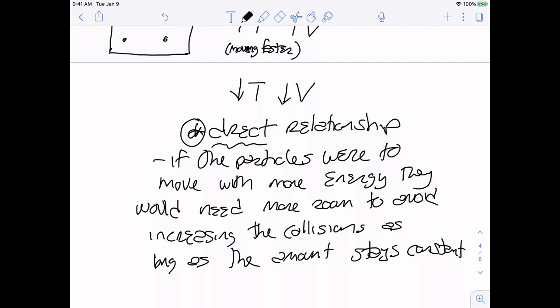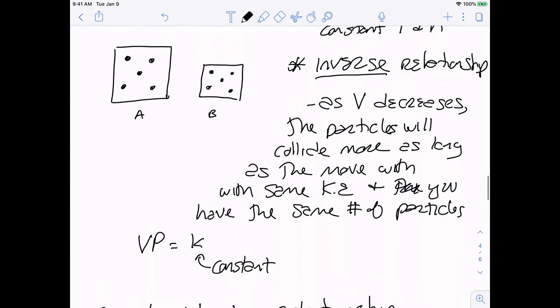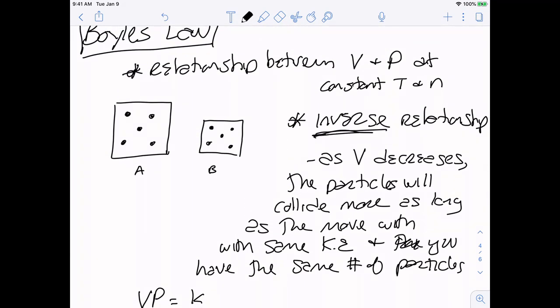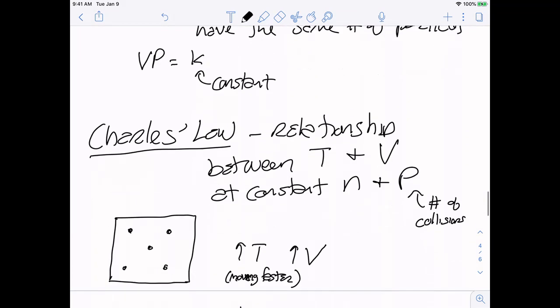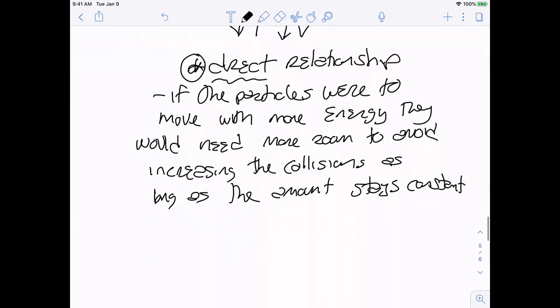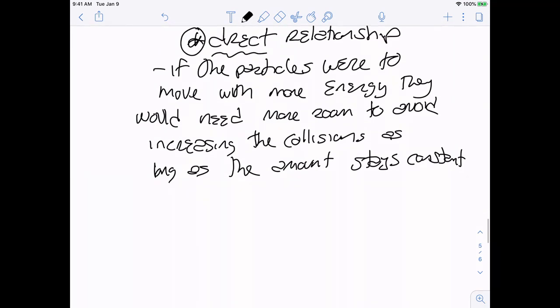It's this little paragraph, right? This one, inverse, right? As my volume gets smaller, the particles would collide more because they have less room to move around in, as long as they're not slowing down or we're not removing gas, that sort of thing. Mathematically, I could say that volume over temperature is equal to that constant. And again, it doesn't matter what K is, it just matters that it doesn't change.